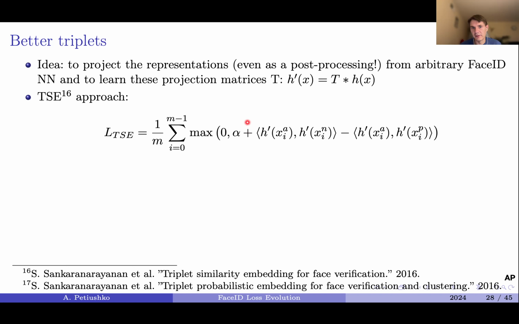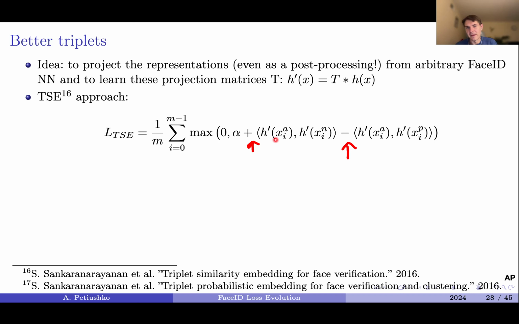As you can see here, this is again alpha plus the similarity between negative and anchor, minus the similarity between anchor and positive. Please look at the sign here, plus and minus.